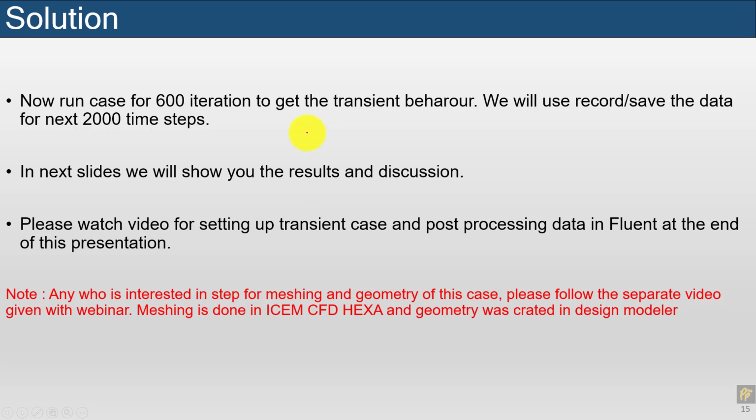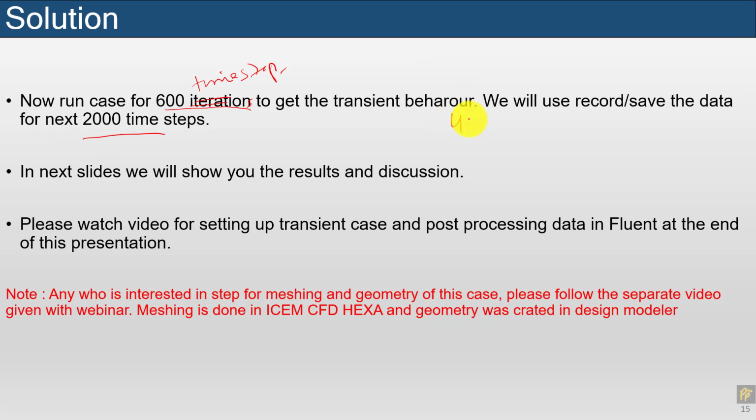Okay, as far as the solution initialization is concerned, one way is that we can run for 600 time steps, not iterations, until we get the transient behavior. After that, we use record save data for the next 2000 time steps.